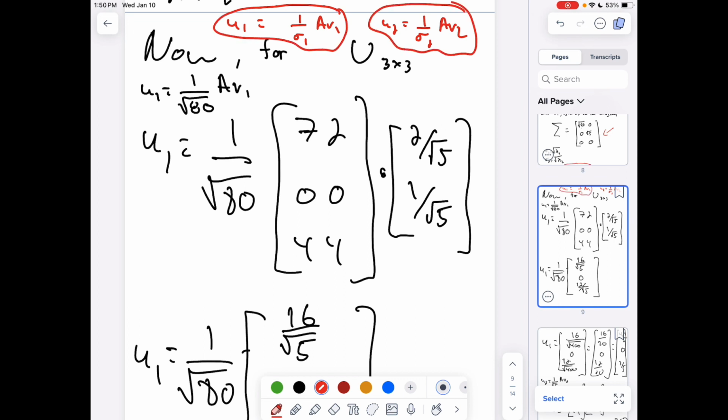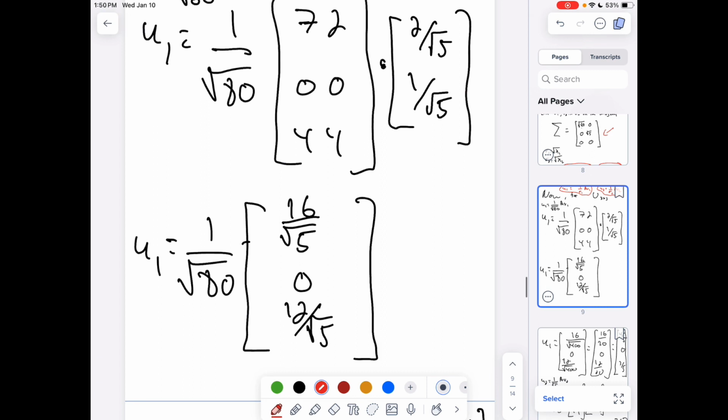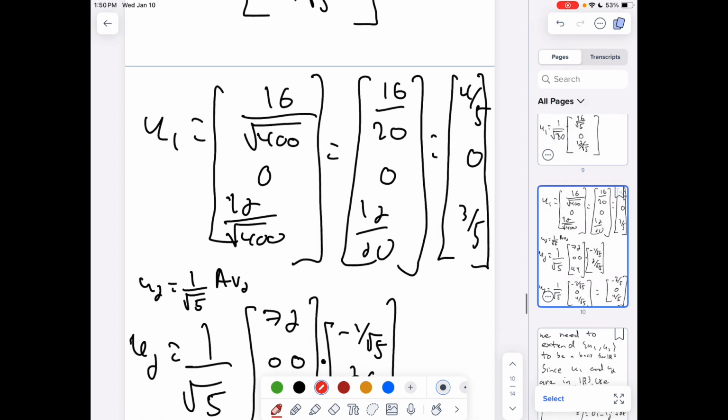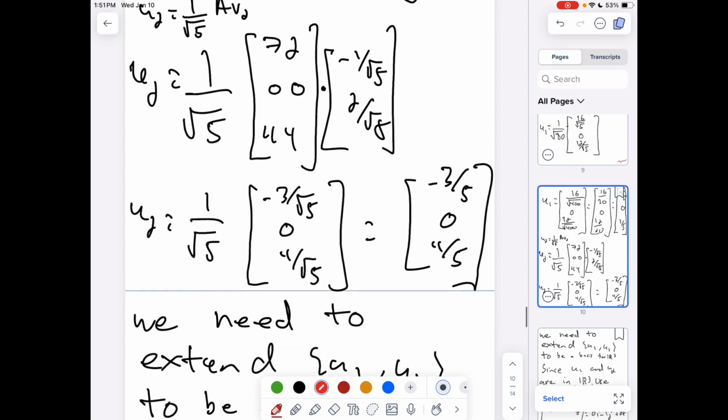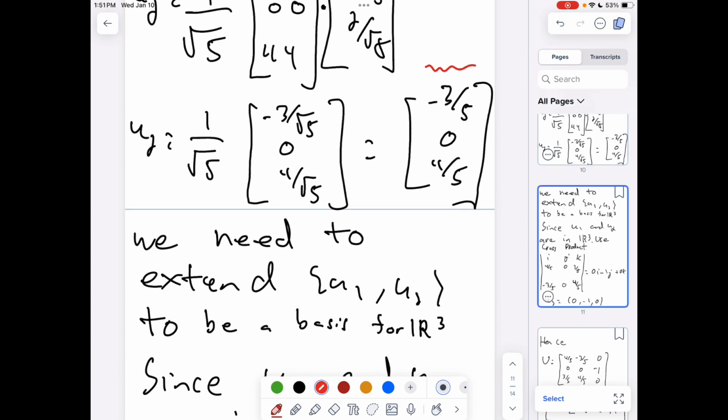So U1 is 1 over sigma 1, or 1 over the square root of the largest eigenvalue, 80, times the vector A times V1, which is the first column of V. And you multiply that out, and you get 4/5, 0, 3/5. For your second value, U2, you do the same thing, and you get -3/5, 0, 4/5.